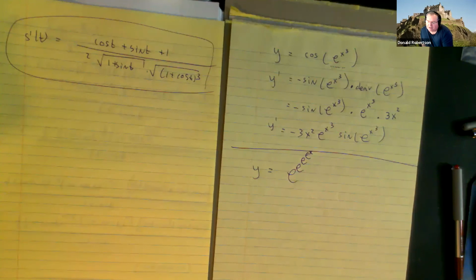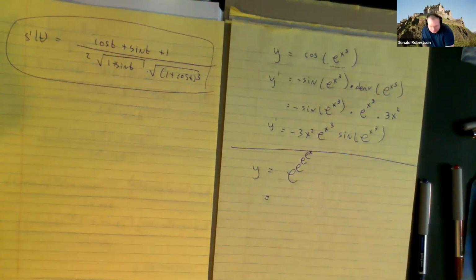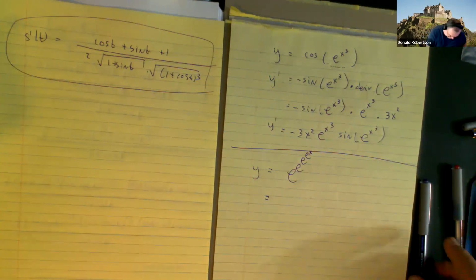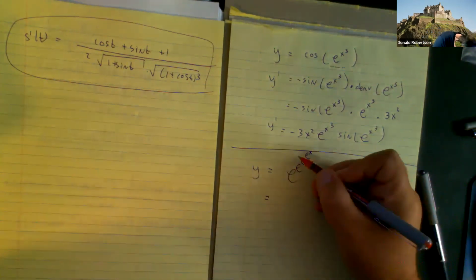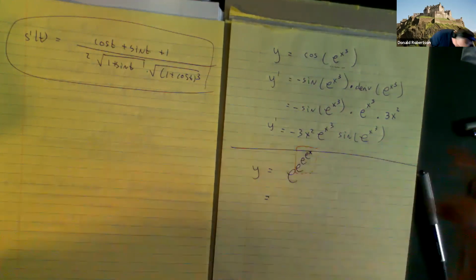E to the power of e to the power of e to the power of e to the power of x. You got 1 minute. Differentiate that guy. Have a shot at it. There's your first clue, if you need a clue.